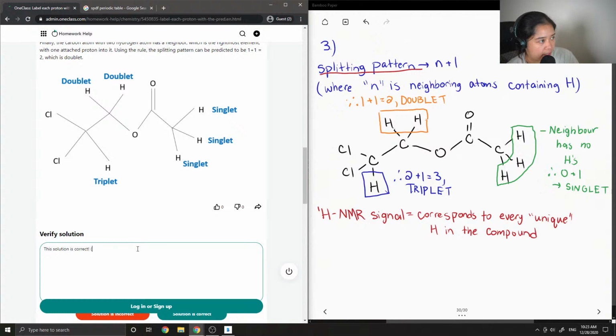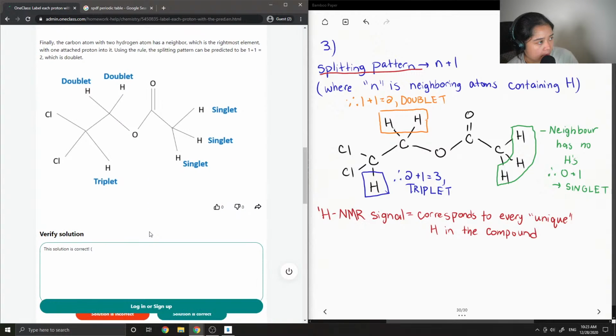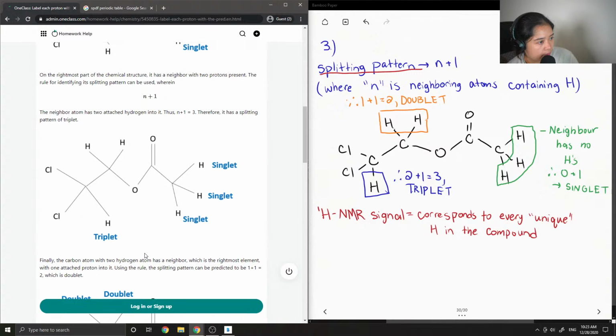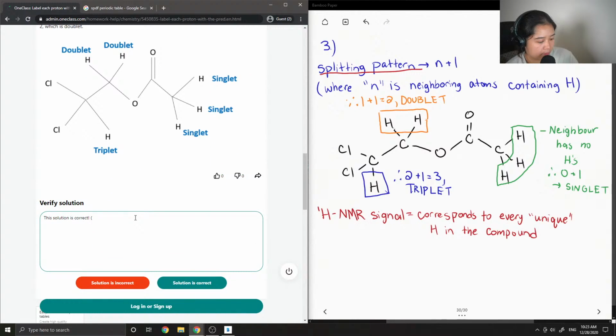I'll try to fix that typo. The leftmost part of the structure containing 1 hydrogen will split as a triplet.